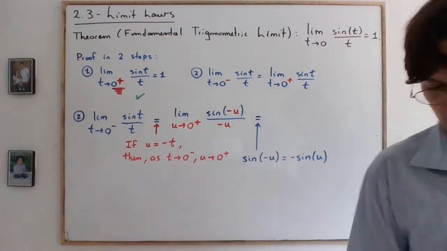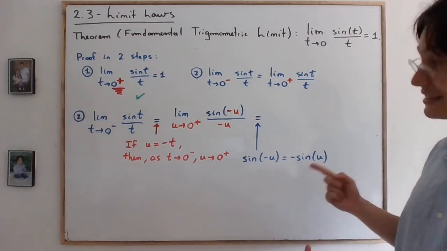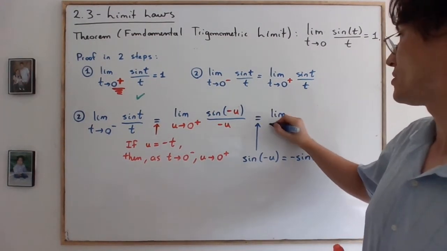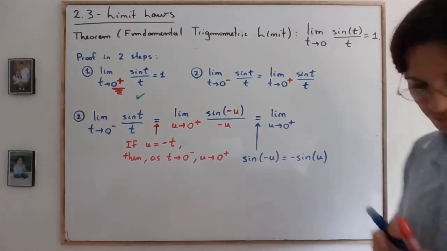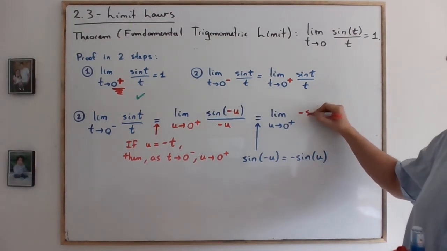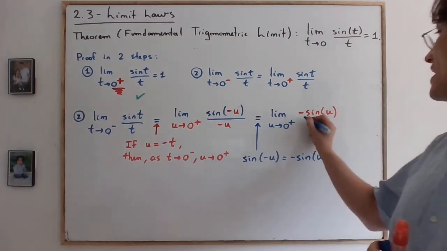Like, if you have any questions, of course, you can ask me. But we're using this identity in order to turn the top. So we still have u is approaching 0 plus. But now the top becomes negative sine of u. And the bottom stays negative u.